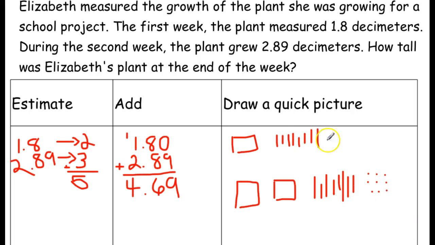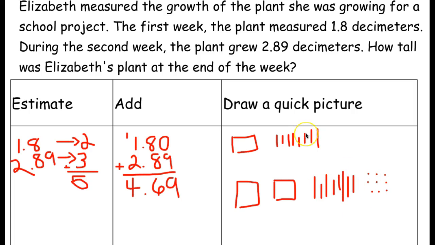Now, remember, when we're adding decimals using a drawing, we're going to look to see, okay, can this be regrouped at all? Can I make these 9 hundredths into a tenth? And I cannot. All right, so because I cannot make 9 hundredths into a flat or a tenth, then I'm just going to leave those be. So I have 9 hundredths, which matches.